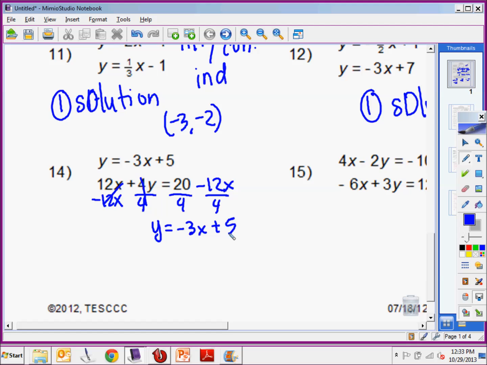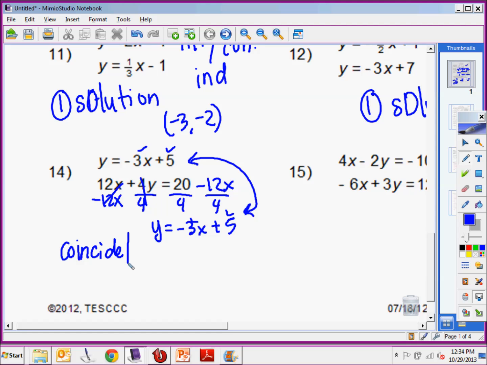What happened? They're parallel. No, wait, they coincide. Are my slopes the same? Yes. Is my y-intercept the same? Yes. So this is coinciding. It's coinciding, and is it consistent?